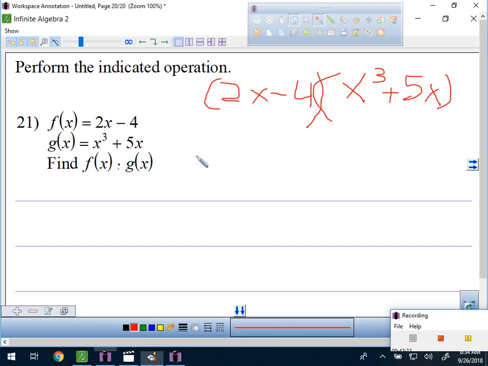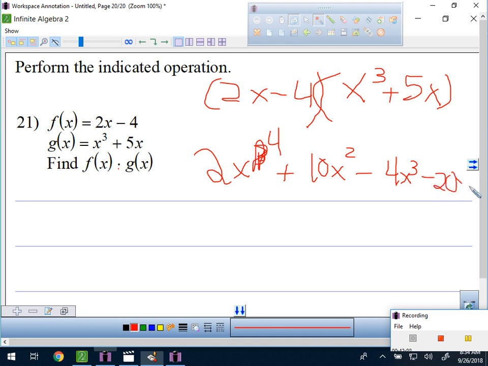If you FOIL this out, you should get 2x to the 4th, and then 10x squared, and then minus 4x cubed, and then minus 20x.